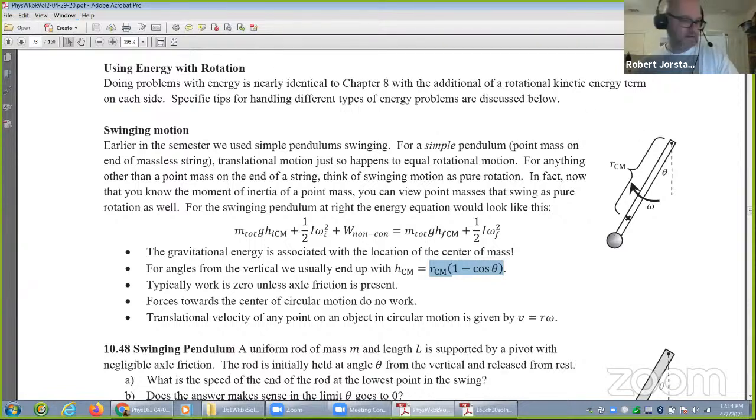If I could, let me get my Zoom controls up here. Remember these triangles we made back in chapter 8? Whoops, that's bad.